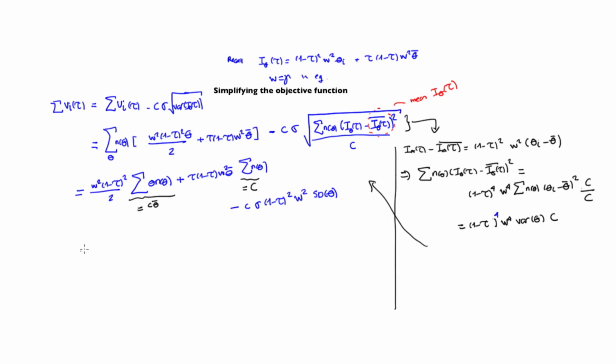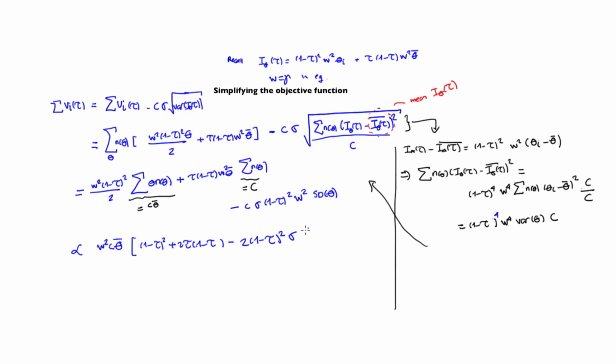Now, this is going to be linearly proportional to, doing a tiny bit of algebra, w square c theta mean that multiplies (1 minus tau) square plus 2 tau (1 minus tau) minus (1 minus tau) square sigma, standard deviation of theta divided by theta mean. I know that the algebra is a little bit messy, but there is no way around it. You need to do it on your own piece of paper to check it. Here I'm just highlighting the key steps.